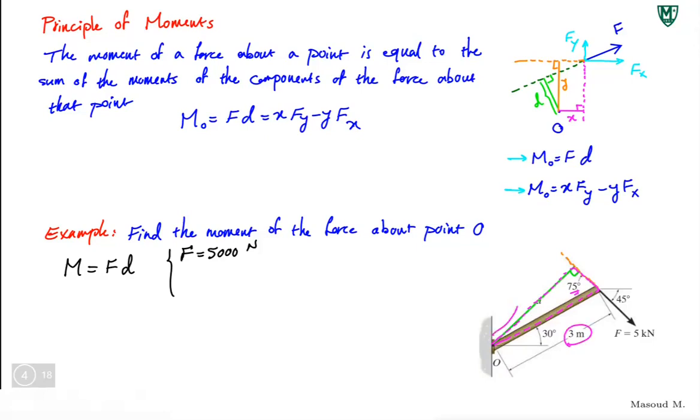We want to find this, d. What is d? Three sine 75. So here is the right triangle. Hopefully everybody's following, just want to make sure that we're good. This is 90, 75. This is 3, and this is what we're trying to find.